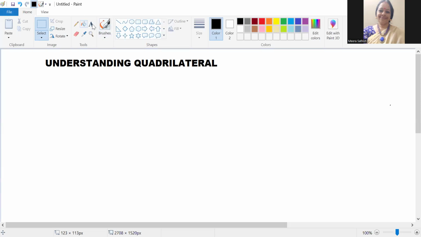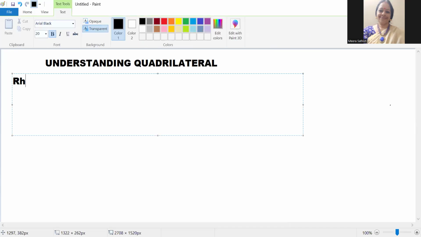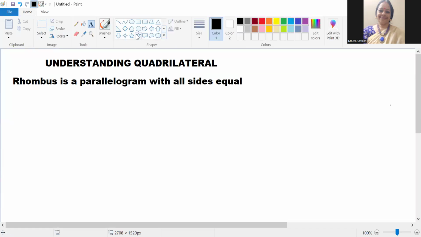Rhombus is a parallelogram, not just a quadrilateral. Rhombus is a parallelogram with all sides equal. So don't say rhombus is a quadrilateral with four sides equal. The correct definition: rhombus is a parallelogram with all sides equal.